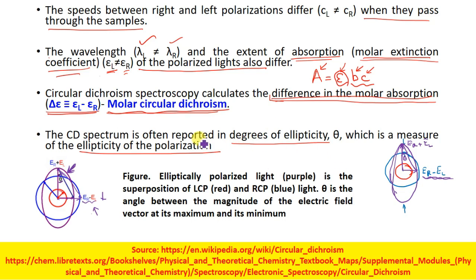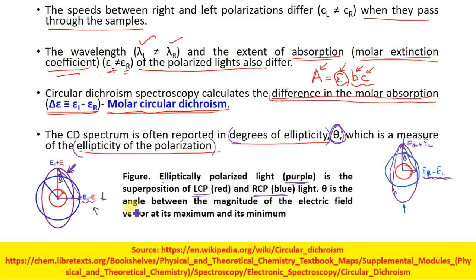The CD spectrum is often reported in degrees of ellipticity theta, which is a measure of the ellipticity of polarizations. Elliptically polarized light, purple, is the superimposition of LCP, left circularly polarized light, red, and RCP, right circularly polarized light.